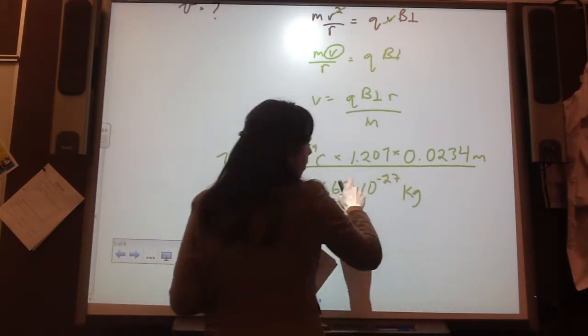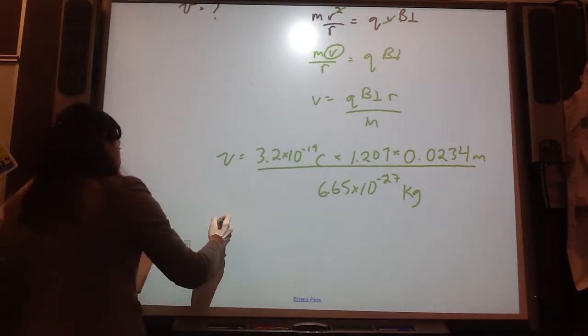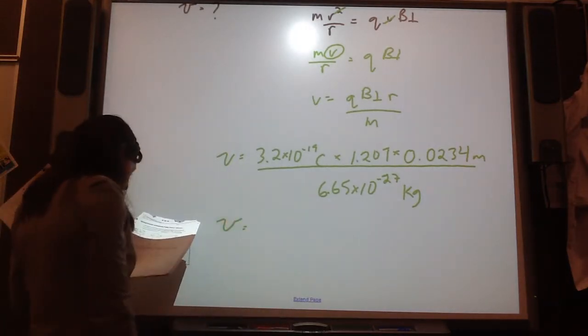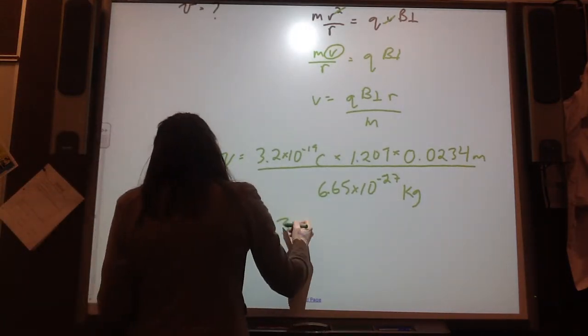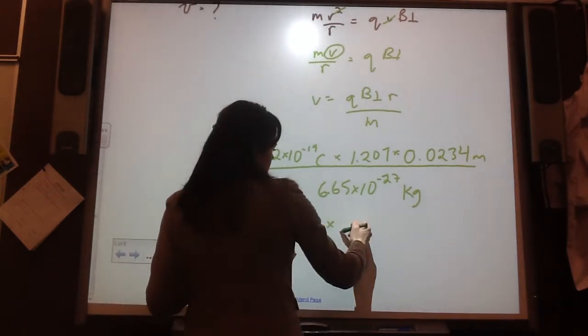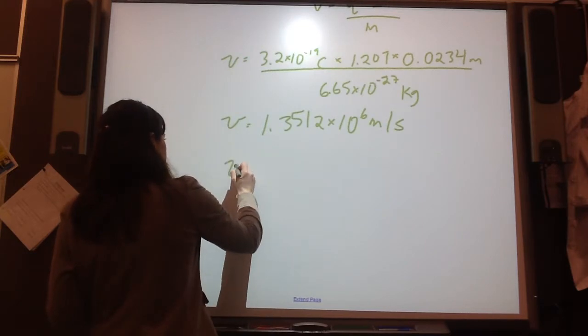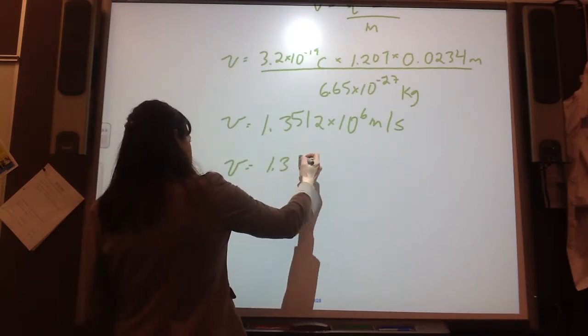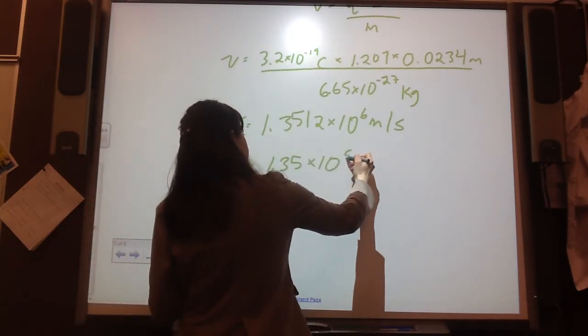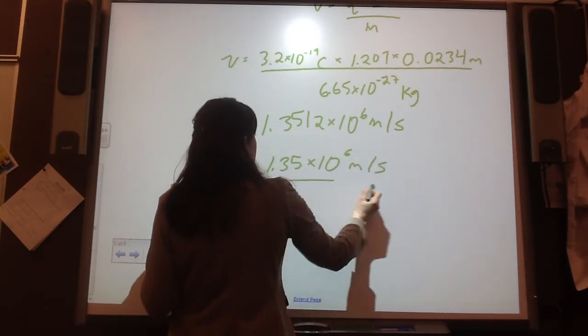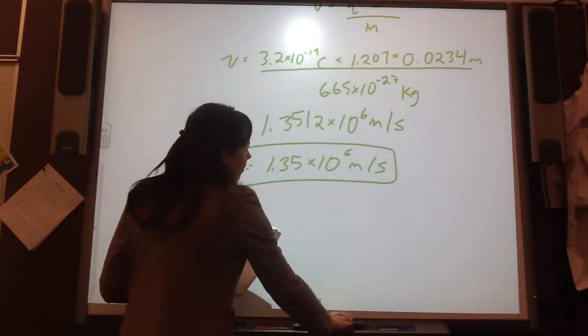And that's from your data booklet. So plug that in your calculator. You get 1.3512 times 10 to the 6 meters per second, to sig digs 1.35. And it's just speed, so we don't have to put a direction.